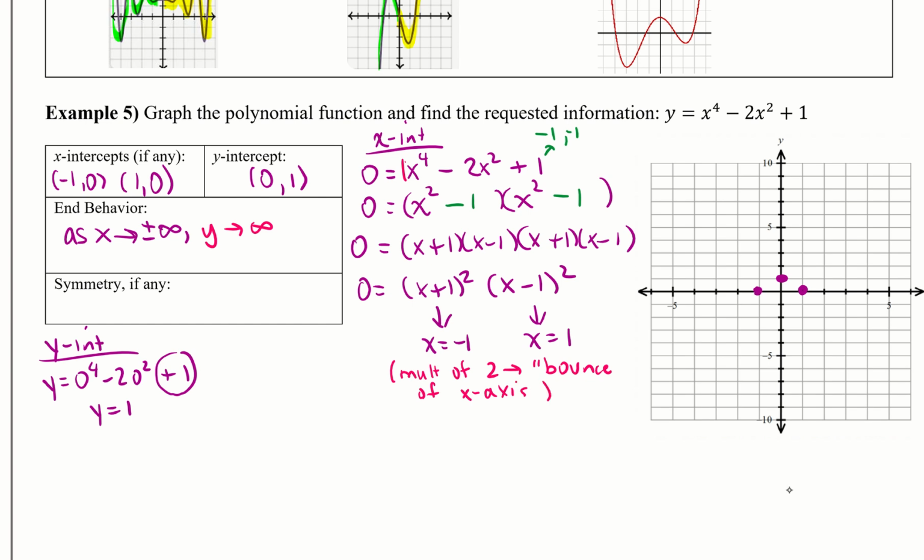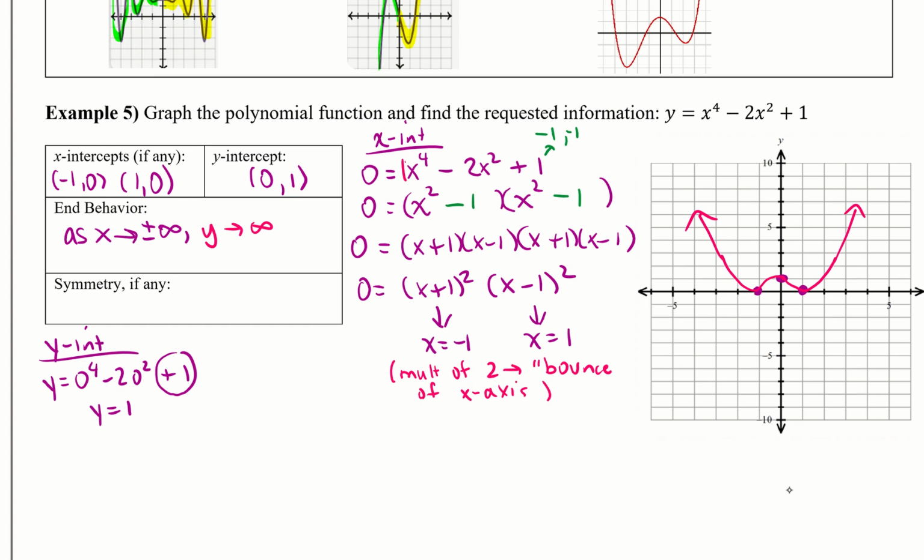They bounce off of it. So this bounces here, and same thing here. It bounces off instead of crossing it. Most of the time with an x-intercept, it crosses. Not true with a multiplicity that is even. Anytime you have an even multiplicity, this will happen. And so this should be going up on both sides according to my end behavior.